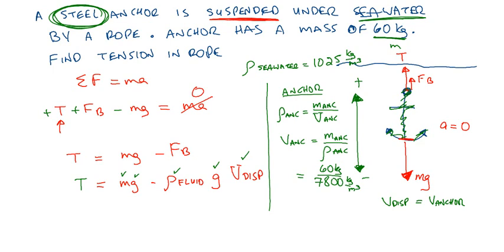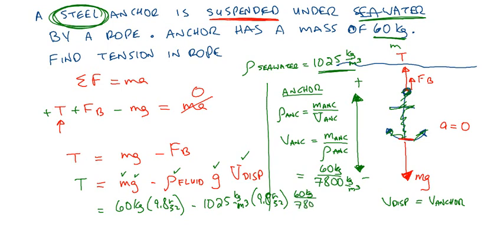Okay, so I want to put that in numbers here. I've got 60 kilograms times 9.8 meters per second squared, minus the density of the fluid, that's my seawater, 1,025 kilograms per cubic meter, times 9.8 meters per second squared, and then my displaced volume is whatever that came up to. I'm going to just put it all here, 60 divided by 7,800, and we'll punch it all up at once and get a number out of this thing. That would be the tension in my rope.